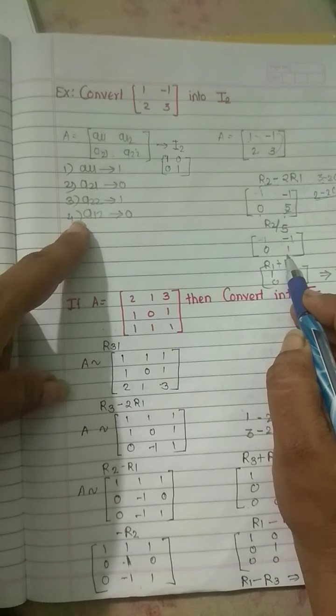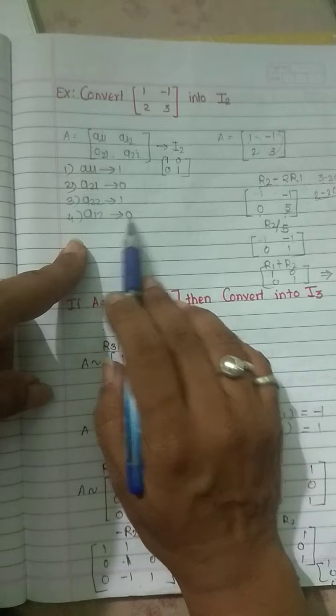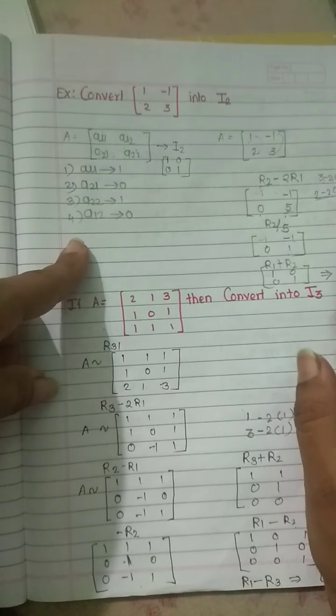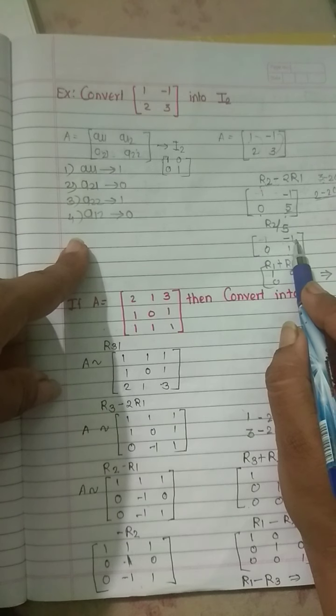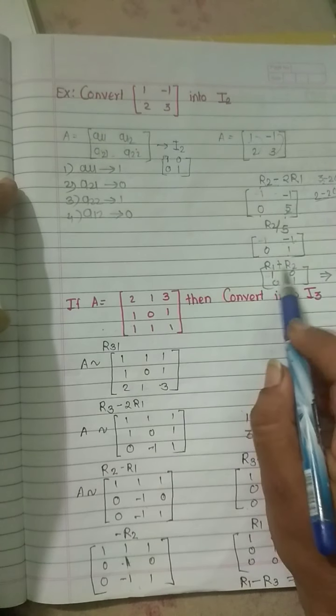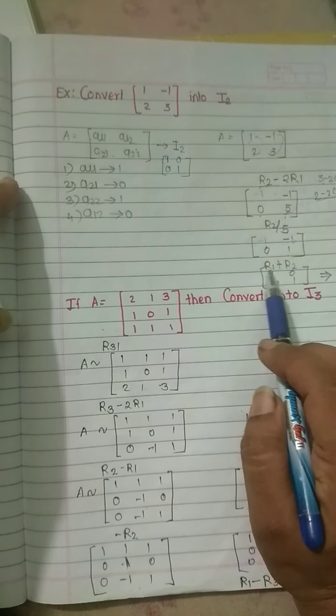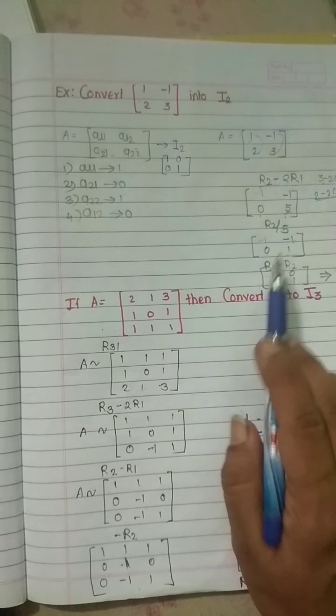And last step, reduce the A12 position element to 0. And this element is nothing but minus 1. Therefore, we can use the operation R1 plus R2. Changing the first row elements, the second row elements stay as they are.